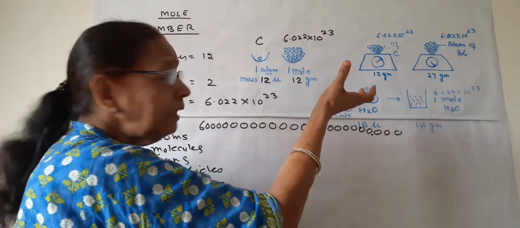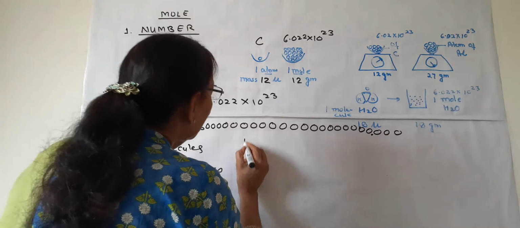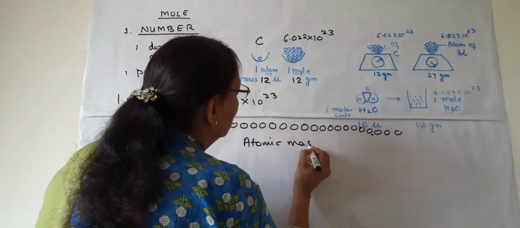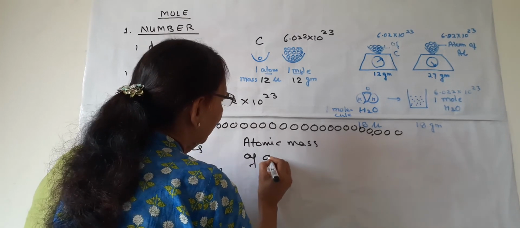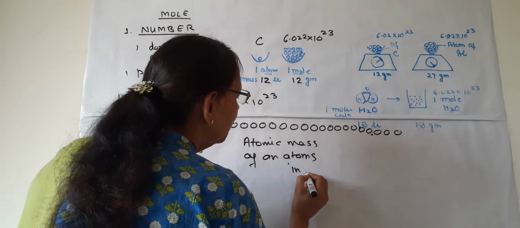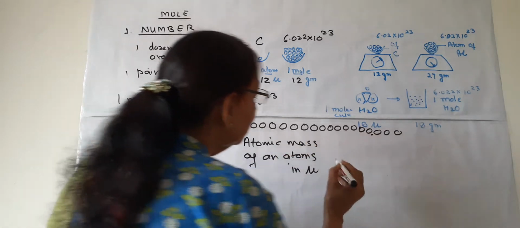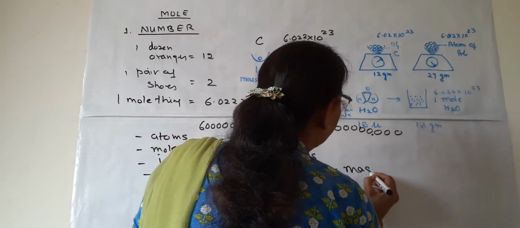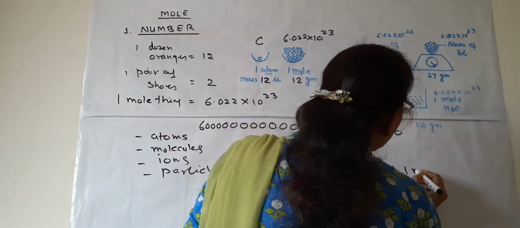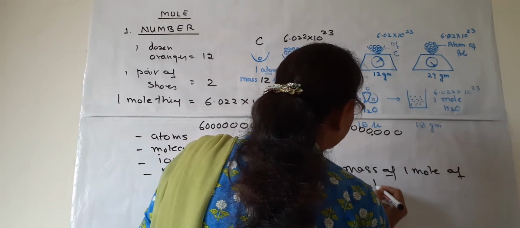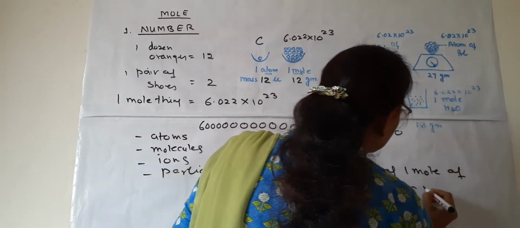What does it mean? It means the atomic mass of an atom in U, this is a unit, is equal to the mass of 1 mole of that atom in grams.